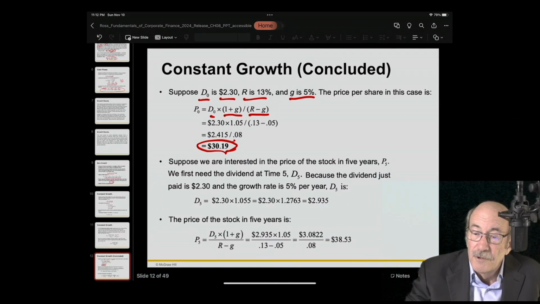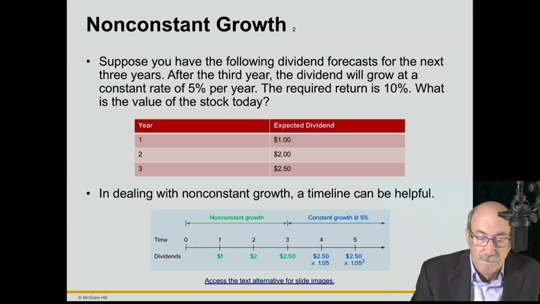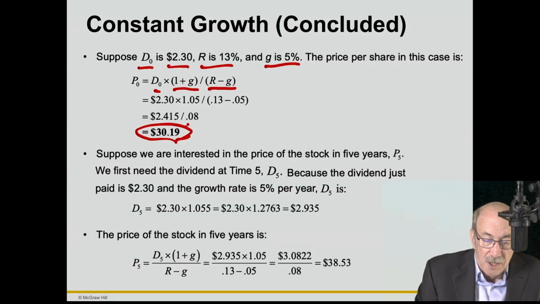All right, so let's get back into this. I'm going to move on from, they talk about how you can figure out the price at time 5, and if you take the dividend at time 5 and you grow it, there's what the dividend would be. It's 2.30 times 1.5 raised to that.